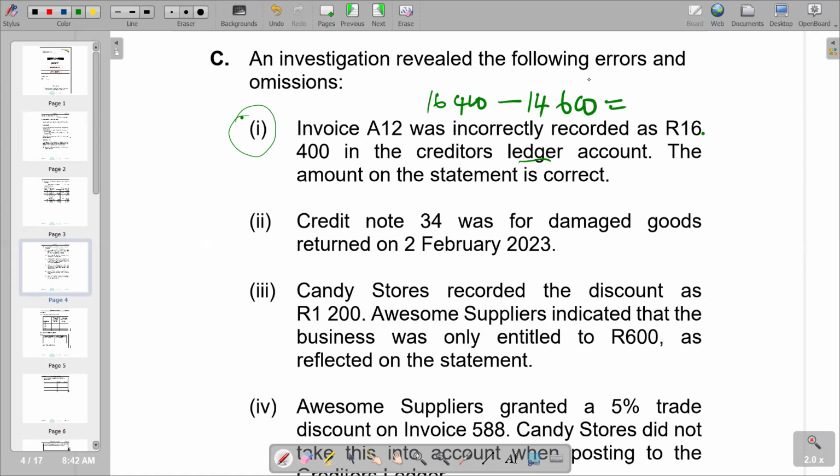We're going to see that the difference becomes 1,800. So we have 1,800.